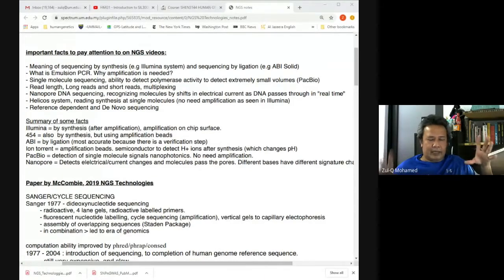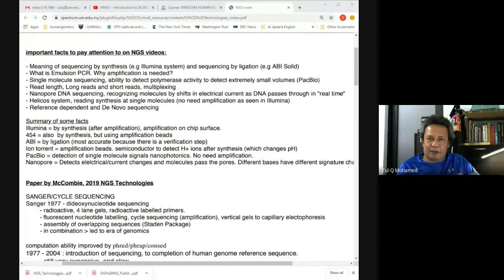So at the end of the day, whatever mistakes are made are deemed very negligible, right? But the mistakes are still there. Okay. Now, Illumina and 454, all right, they have these mistakes. So that means they have to take that into account when they do downstream analysis, right?